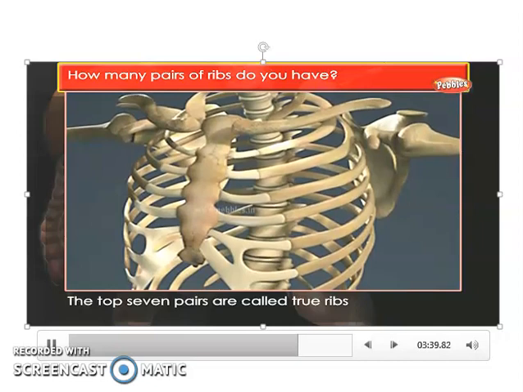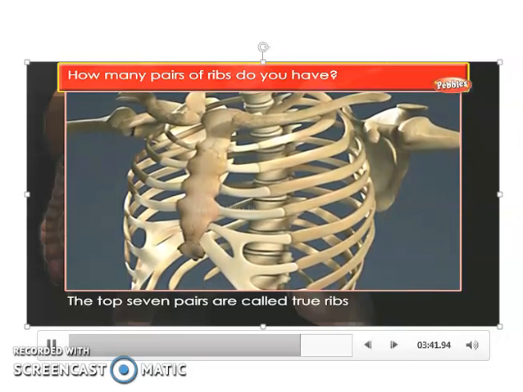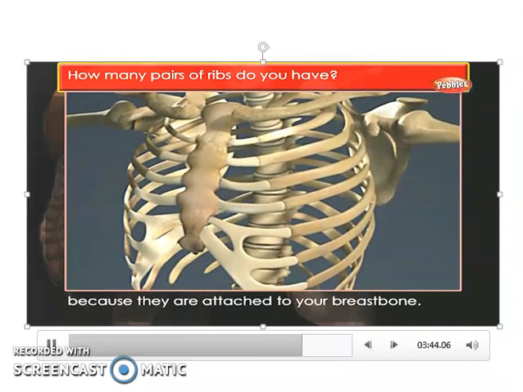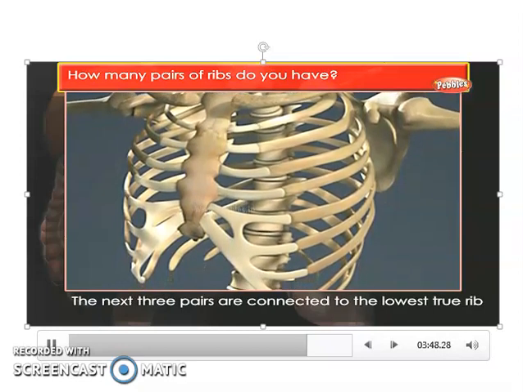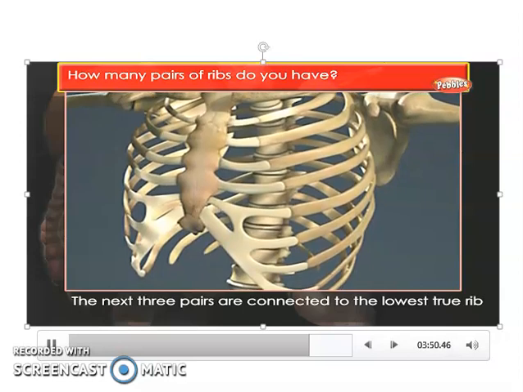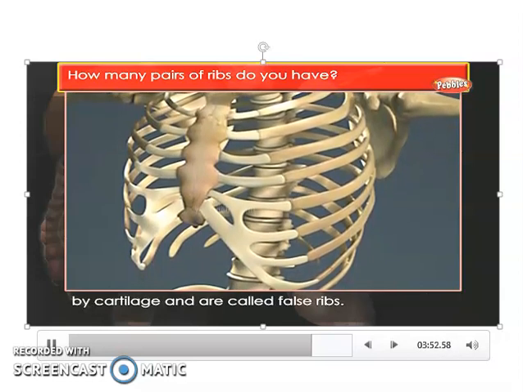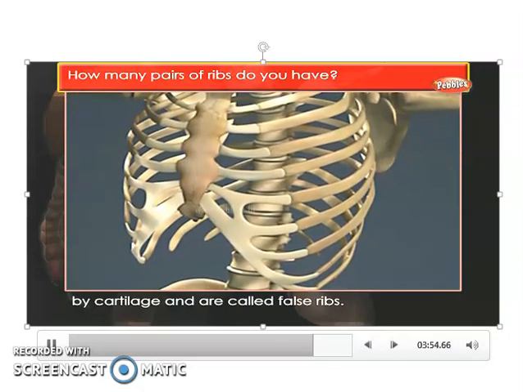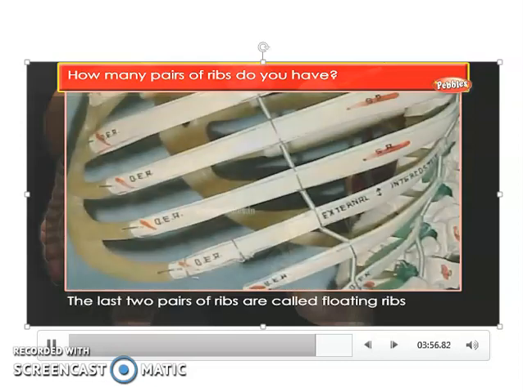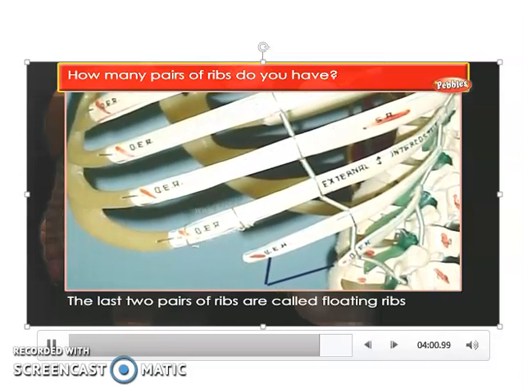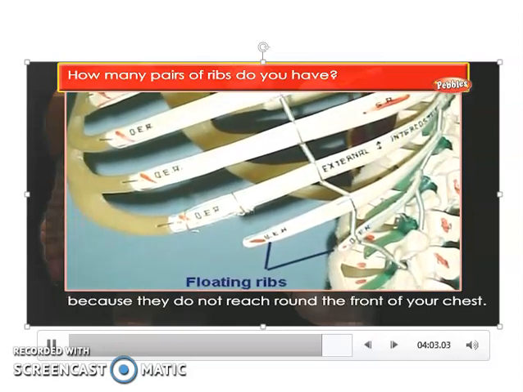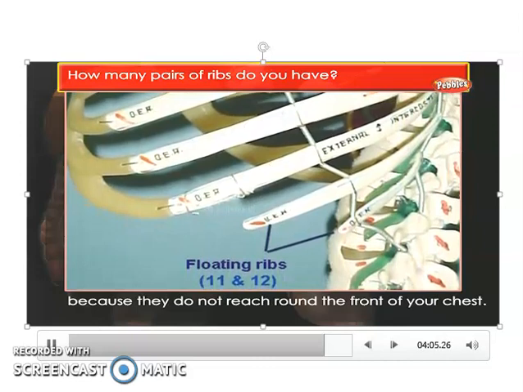The top 7 pairs are called true ribs because they are attached to your breastbone. The next 3 pairs are connected to the lowest true rib by cartilage and are called false ribs. The last 2 pairs of ribs are called floating ribs because they do not reach round the front of your chest.